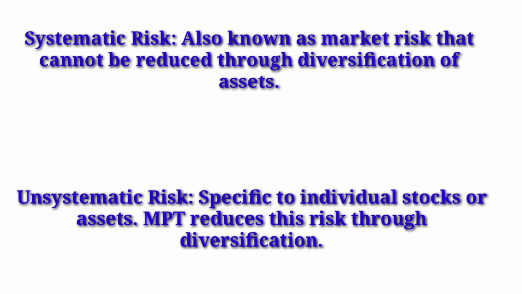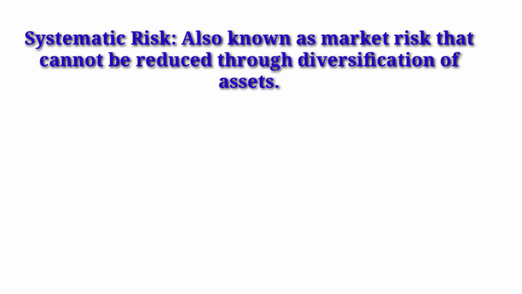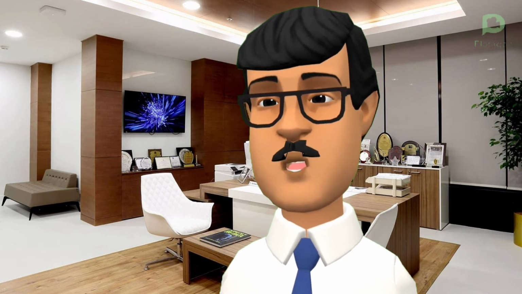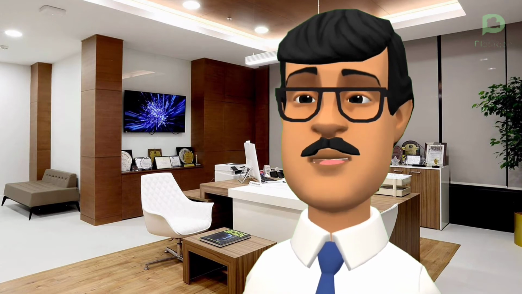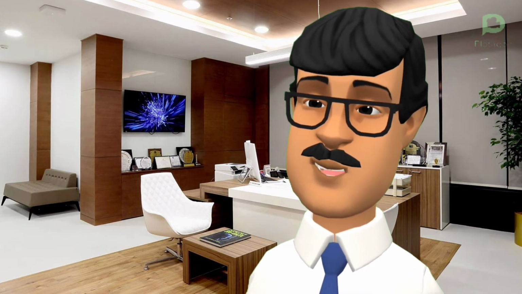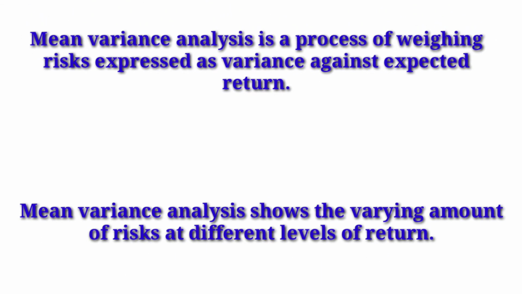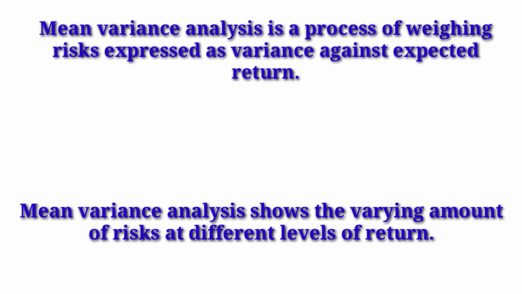MPT uses mean variance analysis, which is a process of weighing risk expressed as variance against expected return. Variance measures how distant or spread the numbers in a data set are from the mean or average. The mean variance analysis shows the varying amount of risk at different levels of return.